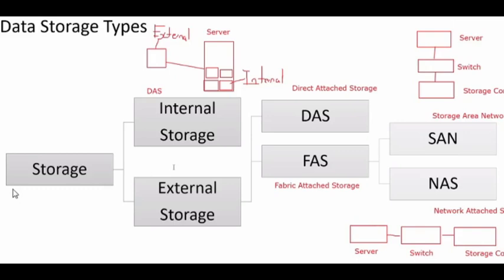Simple difference is NAS uses your LAN or your local area network. SAN does not use your local area network. SAN will either use fiber channel or, right.